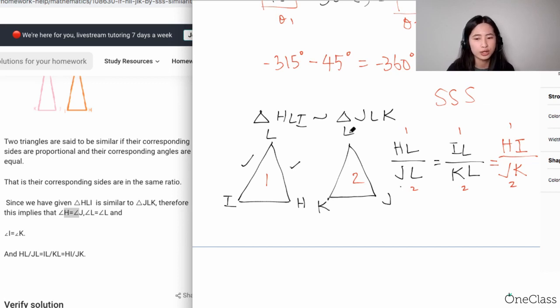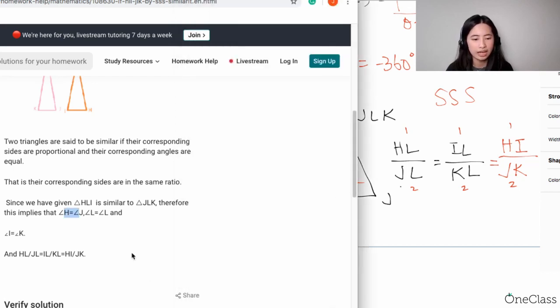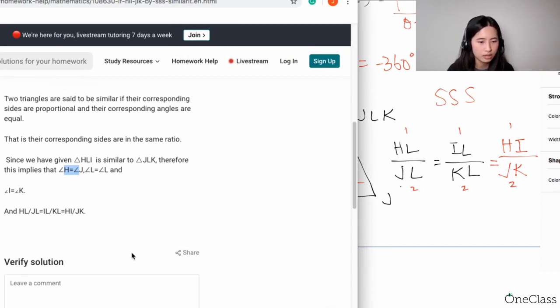This could be P. It doesn't have to be the same letter. It just happened coincidentally that they're both L. So this and this need to be congruent, and you can say that I and K are also congruent. So yeah, that's basically right.